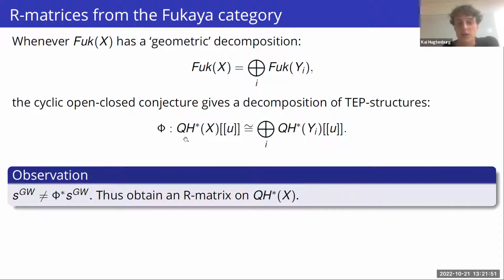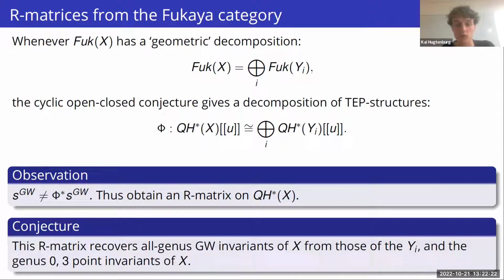But now the interesting thing is, on the left-hand side we have the Gromov-Witten splitting, and on the right-hand side we also have the Gromov-Witten splittings for each of these Y_i. But in general, if you have any such geometric decomposition, then this map phi doesn't necessarily respect these splittings. So if they are different, then you have two splittings on the quantum TEP structure associated to X, and you obtain an R-matrix on the quantum cohomology of X.